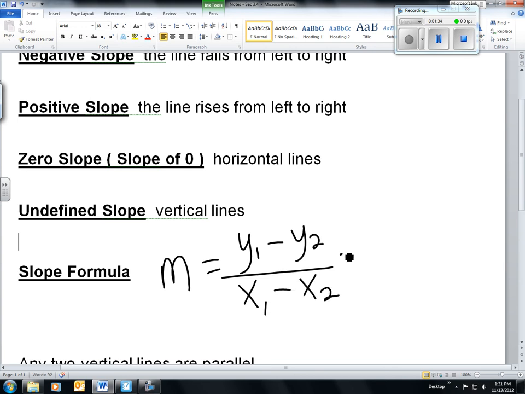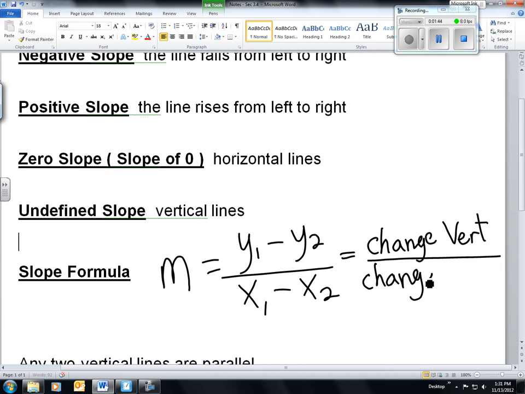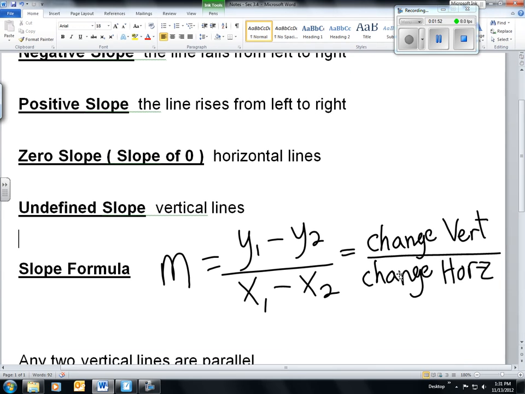Or another way you can say this is it's the change in the vertical direction over the change in the horizontal direction. Okay, so the x's here deal with the horizontal change, and the y's deal with the vertical change.